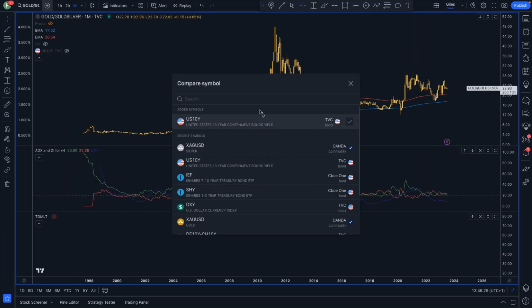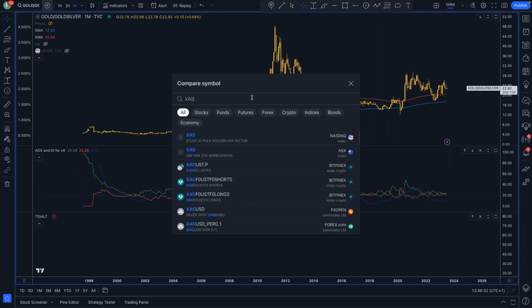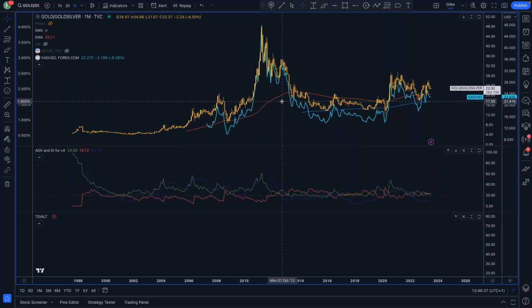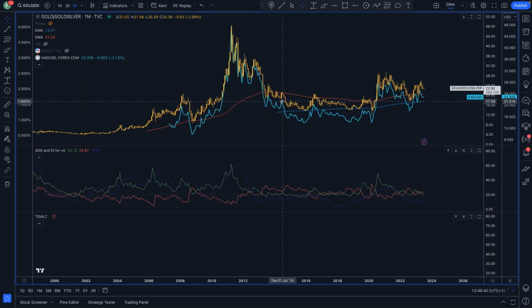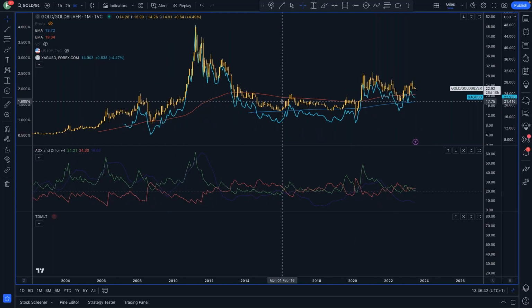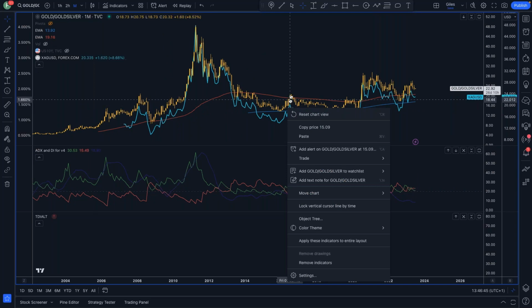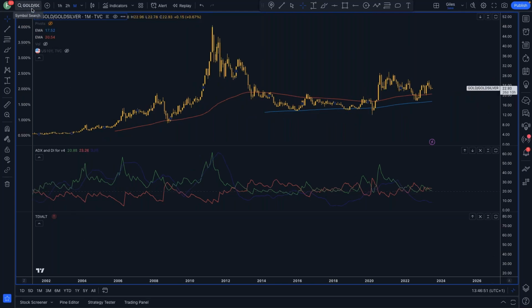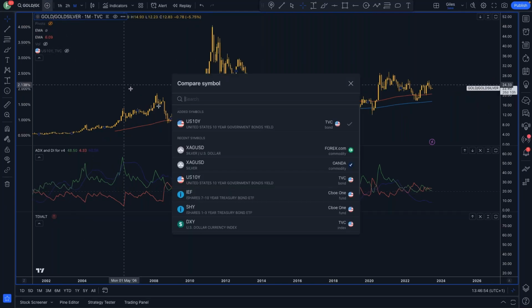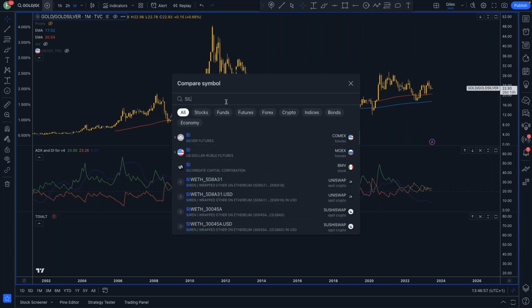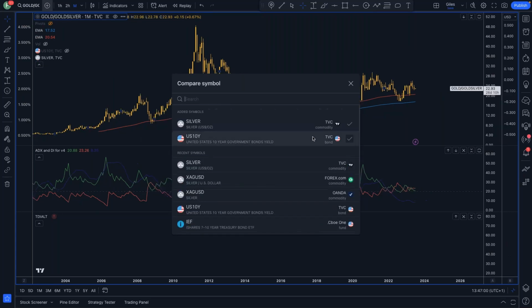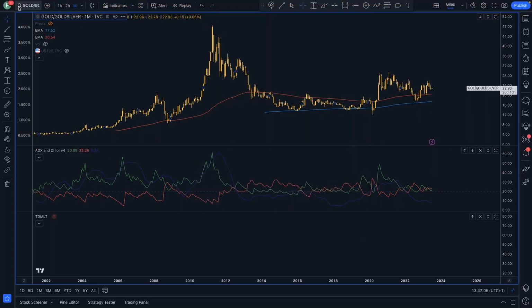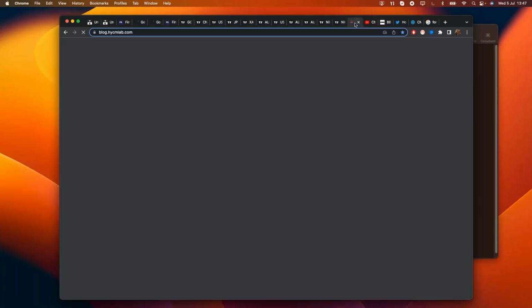That's not behaving the way it should. Something's wrong with the scaling and I can't quite work it out. What I'll do is I'll show you instead.